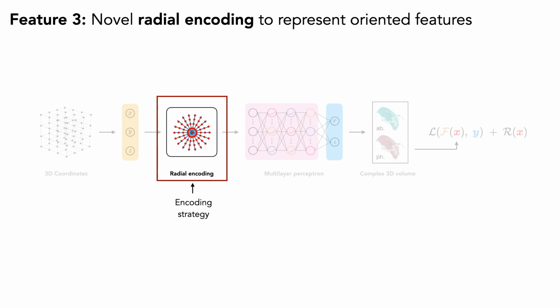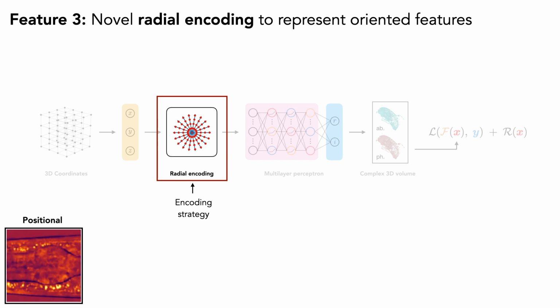The third feature of DeCAF is a proposal of a new coordinate encoding strategy. Currently, the most popular encoding strategy is positional encoding, which performs a 1D Fourier series type expansion for each axis. However, this expansion does not work well for representing rotated features.